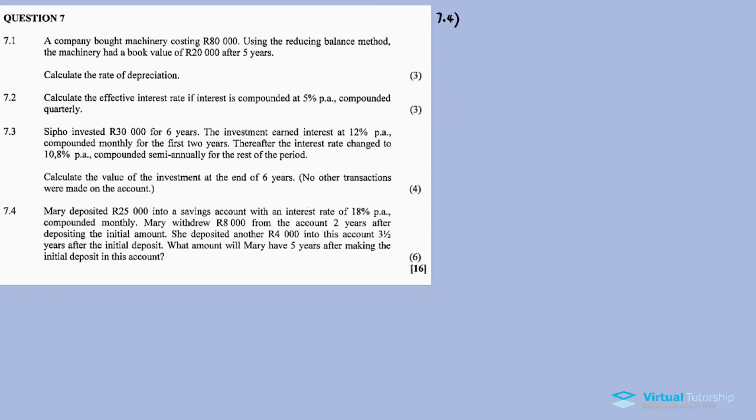Now 7.4, the last question. Mary deposited 25,000 rand into a savings account with an interest rate of 18% per annum compounded monthly. Mary withdrew 8,000 rand from the account 2 years after depositing the initial amount, and then she deposited another 4,000 rand into this account 3.5 years after the initial deposit.